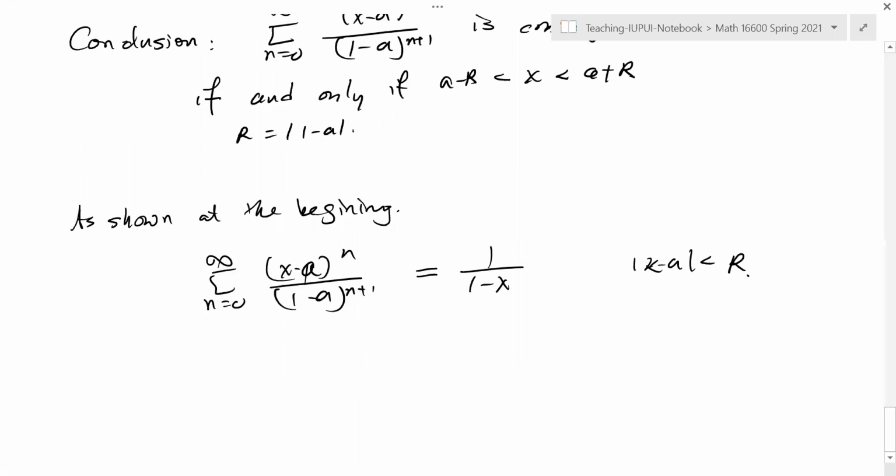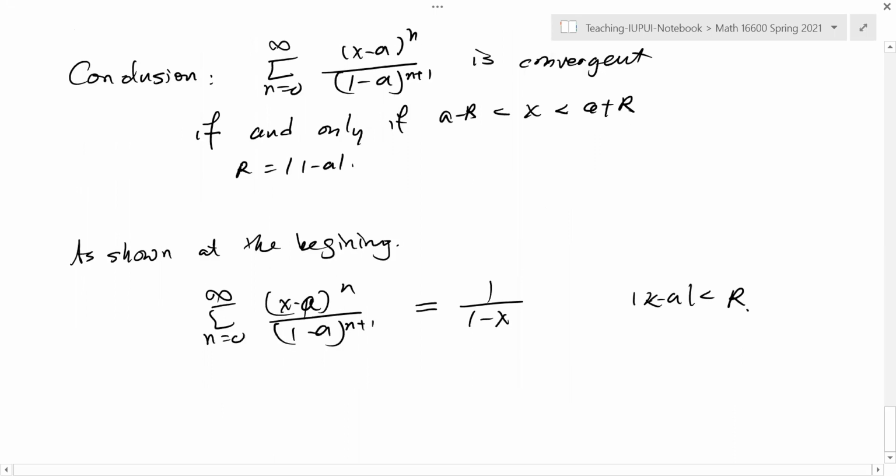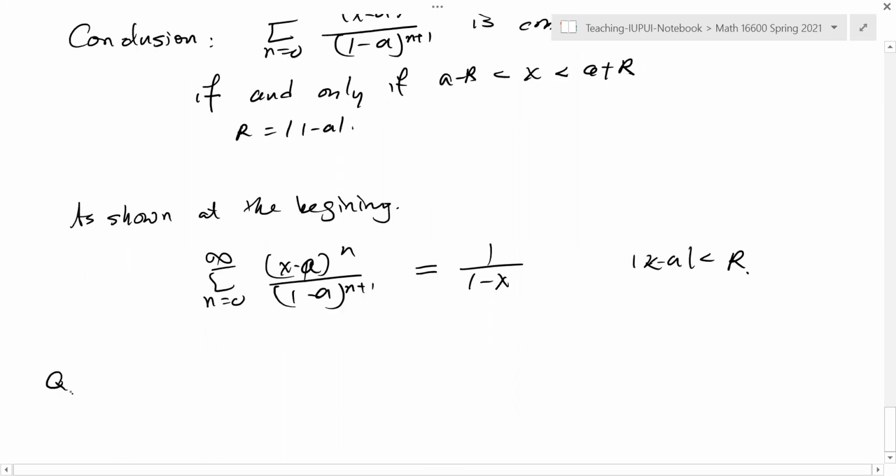Okay. So sometimes this power series converges to an elementary function, which you can express. Sometimes we don't know. So you define a function, but that function cannot be expressed as an elementary function.